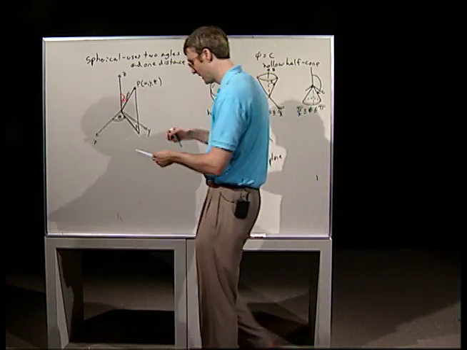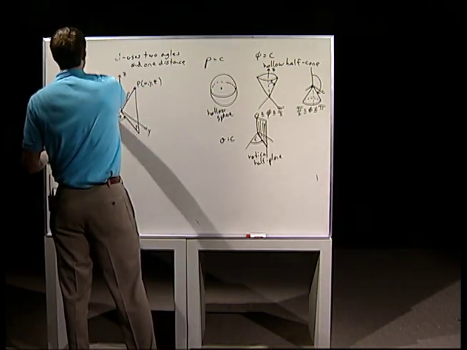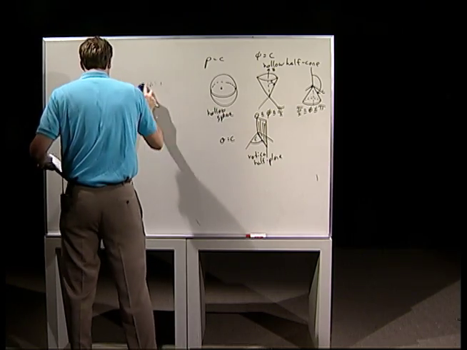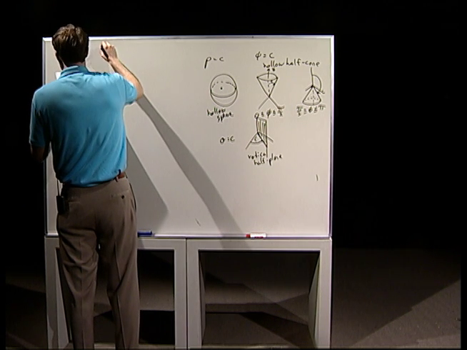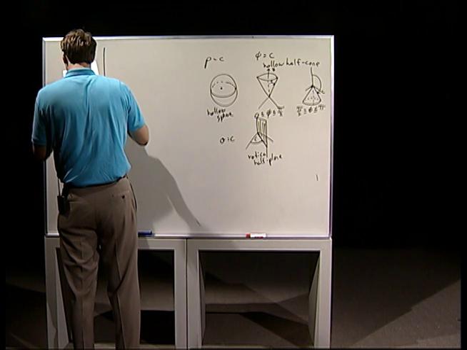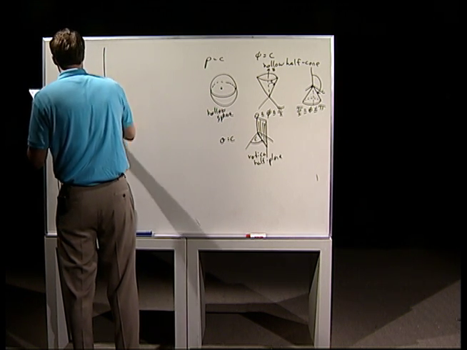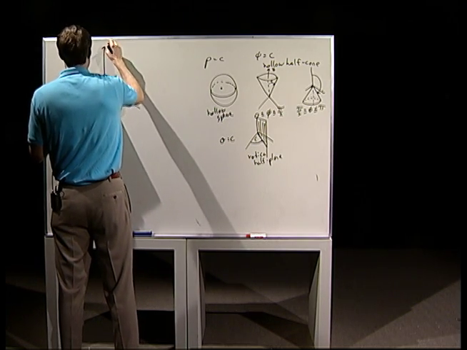All right, the relationship between rectangular and spherical. It's not entirely obvious. A little trig brings it out rather quickly, though. We'll need to use some different colors here, maybe.